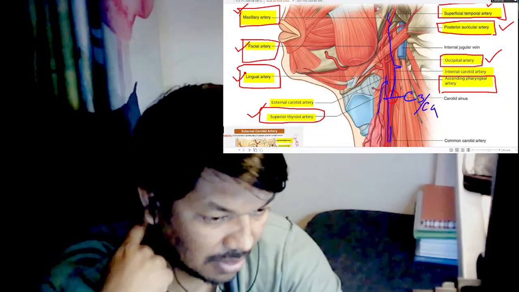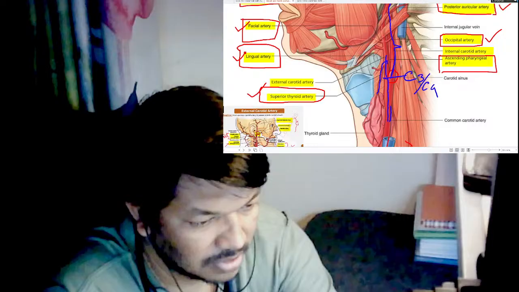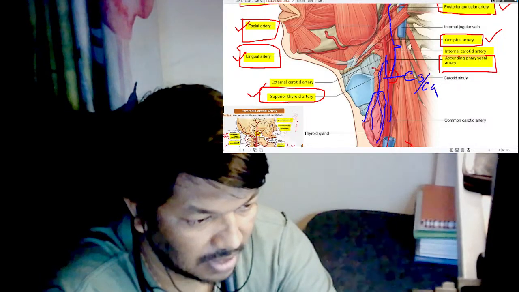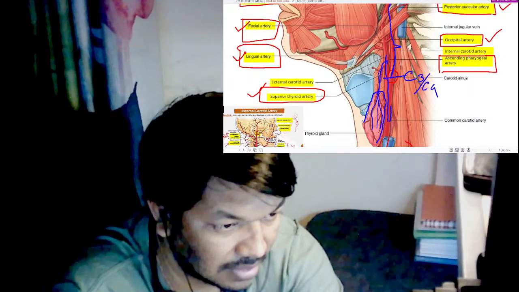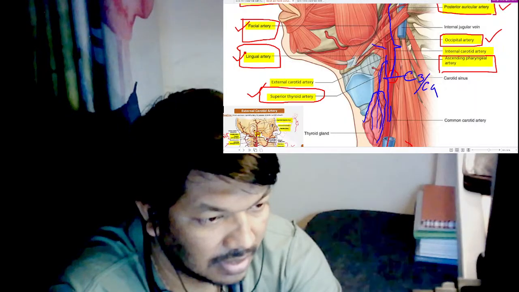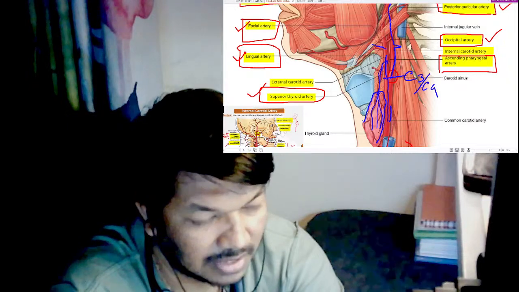anteriorly. And this is the branch of superior, because here is the thyroid gland, it is giving supply to the thyroid gland. So it is superior thyroid artery, the first branch, and it is given anteriorly. Again, going a little up, giving another branch, its name is lingual artery, because this artery is going to supply the tongue.